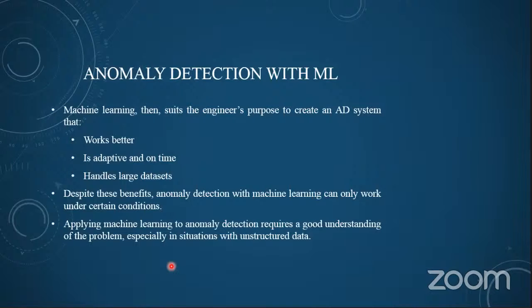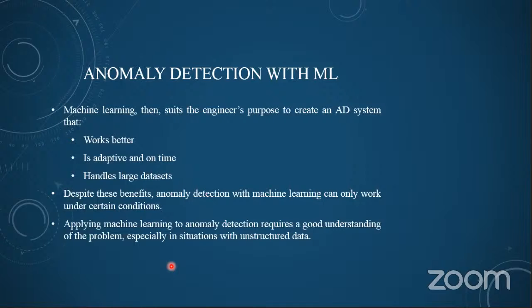As discussed in the previous slide, anomaly detection using machine learning can be adaptive over time. Why? Because today there are machine learning models that update themselves even when deployed in the field, meaning deployed in the application. The data points are updated over the course of time so that it can adapt.